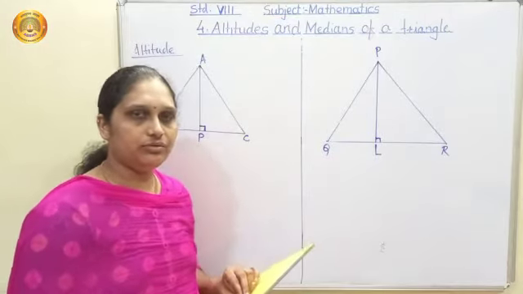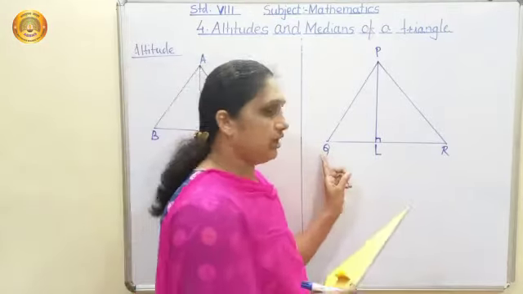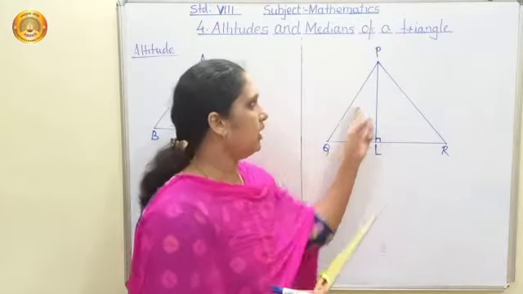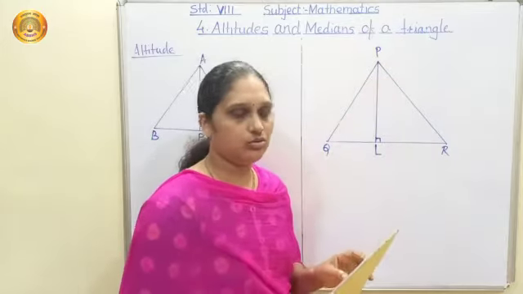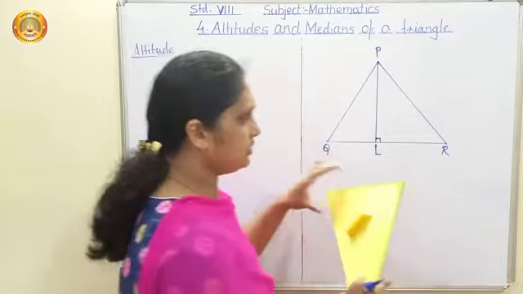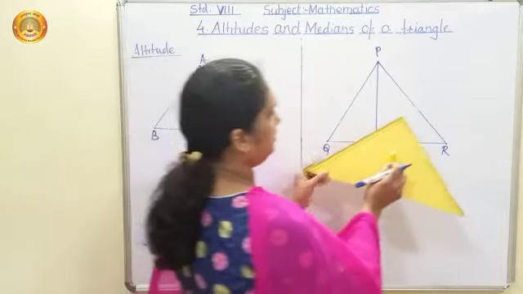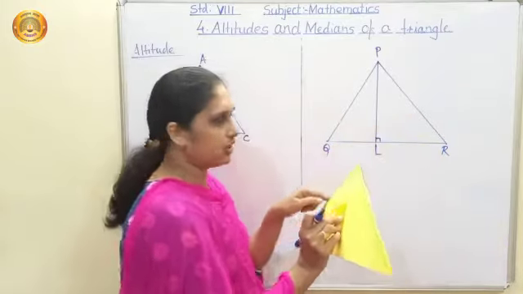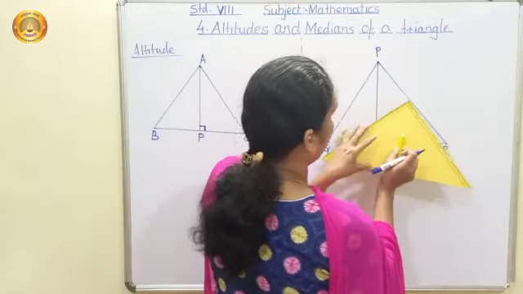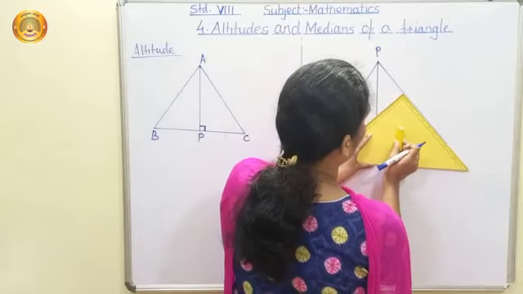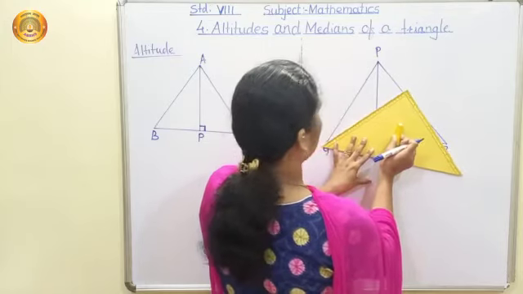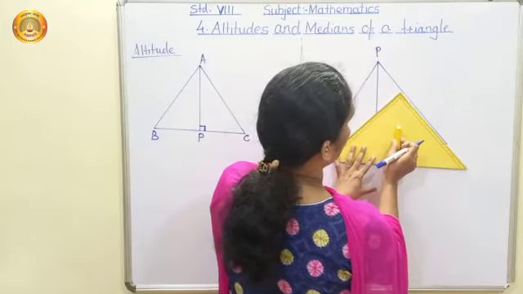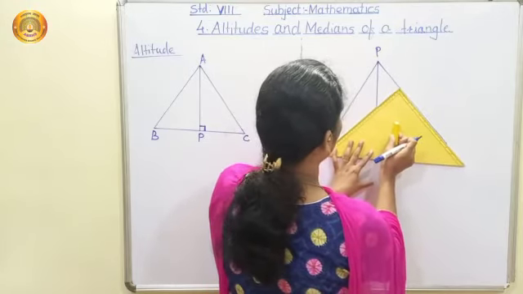Now one more altitude I will draw, for which I'll take vertex Q and base PR. So how to draw? See, now this set square you have to arrange. See, this is a right angle, two sides. So one side of the right angle I'll arrange like this and the second side is along with Q. So perfectly you do this.